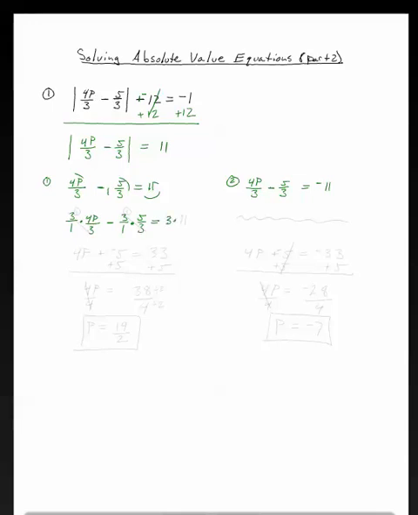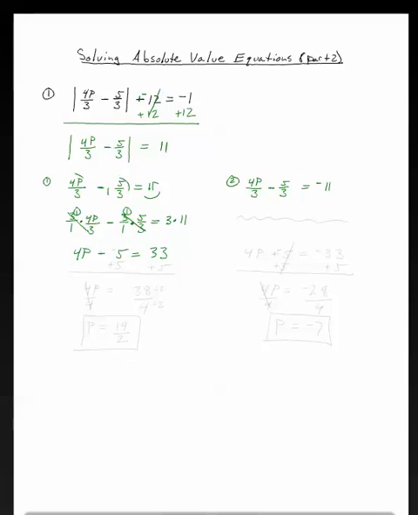equals 3 times 11. Now I say 3 goes into 3 once, and 1 times 4p is just 4p, minus 3 goes into 3 once, 1 times 5 is 5, equals 3 times 11 is 33. And I can use this.